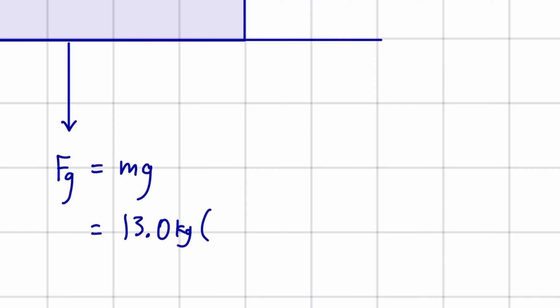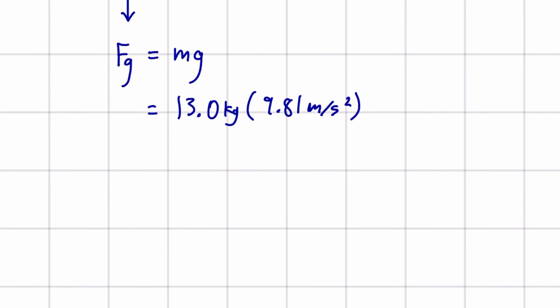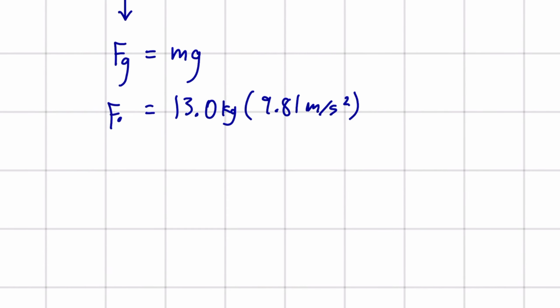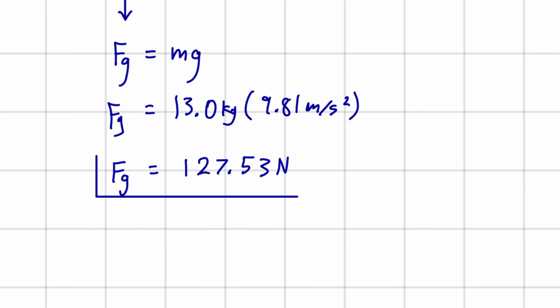And our gravitational constant that we all have memorized is 9.81 meters per second squared. So just plugging this into our calculator, we get that Fg is equal to 127.53 newtons.